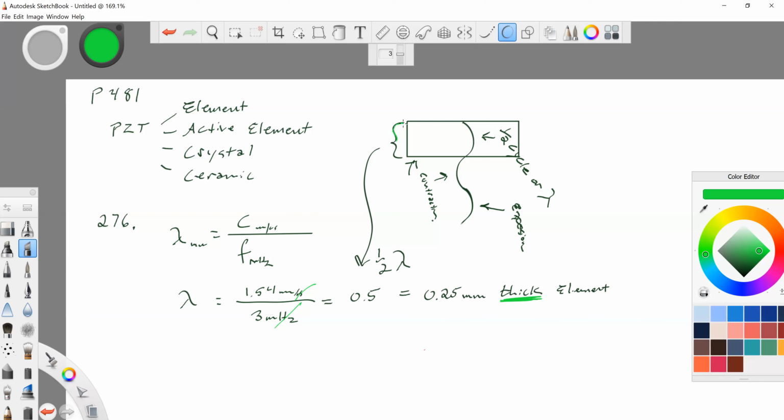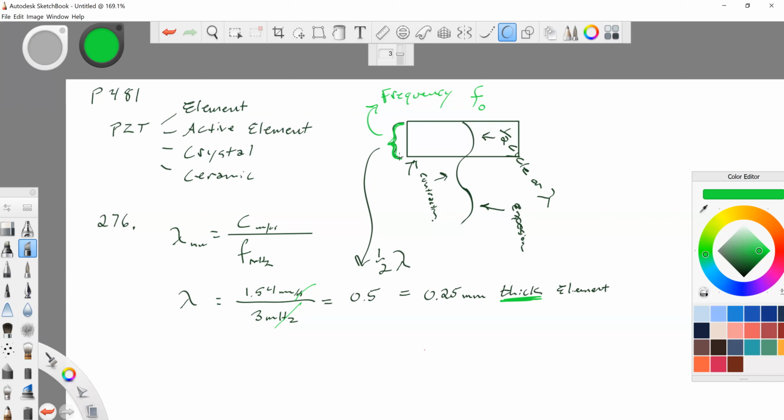This dimension determines frequency, or I'm going to also say frequency sub zero, the operating frequency, is determined by that. It's also called the center frequency. It's the happy place for the transducer.